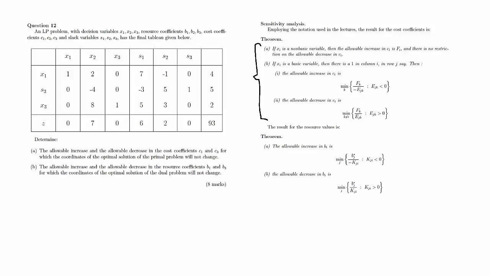Xi is a basic variable if it appears in the leftmost column of the tableau. Once we know whether it's basic or not, we know which part of the theorem to use, and then we need to know certain values of E and F in order to do the calculation. F refers to the bottom row of the final tableau, except for the last value. The first value is F1, the second value is F2, the third is F3, and so on.